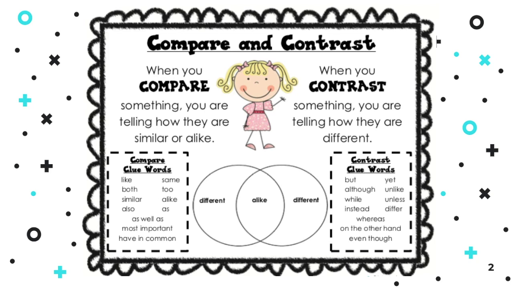When we contrast things, we explain how two or more things are different. Words we can use to contrast things are seen in the box on the right-hand side. For example, on the other hand, although, whereas, and unlike.